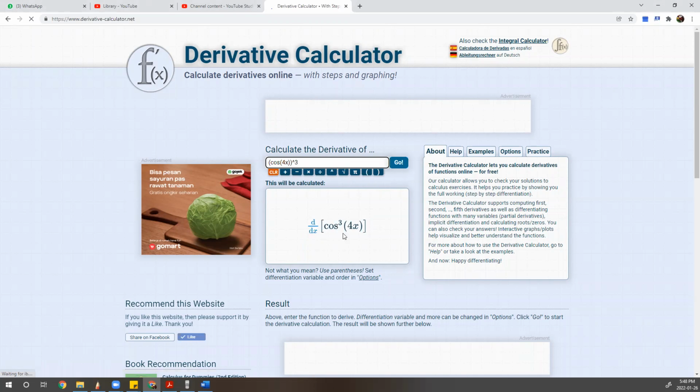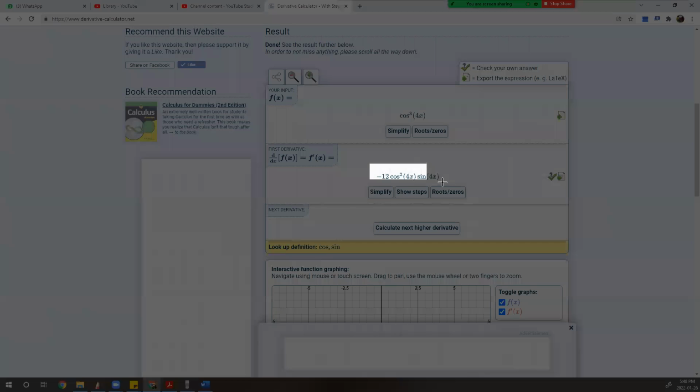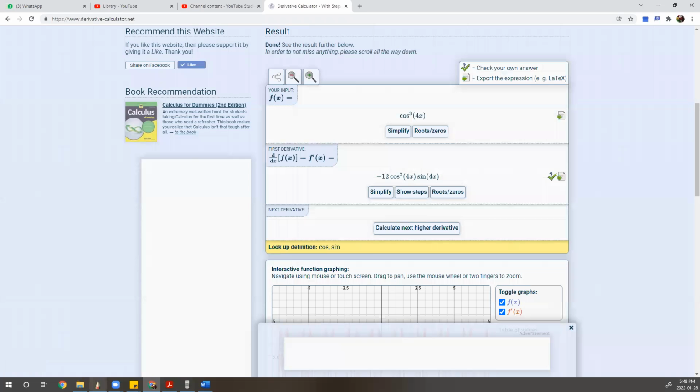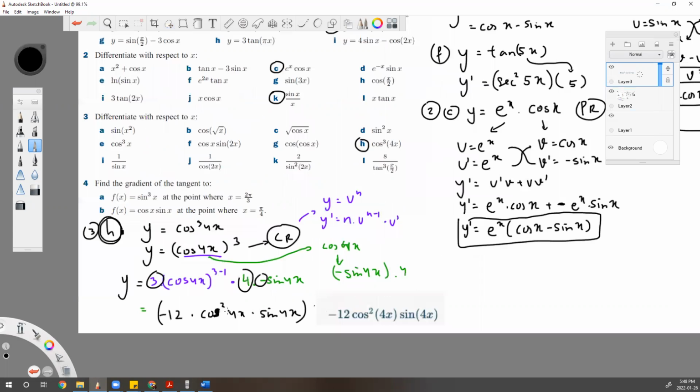Go. Calculating, calculating. There you go. See, it's the same. So you can find derivative-calculator.net. That's so cheap. It's the same: cos square 4x, or you can just write cos 4x bracket square. It's the same, no problem with that.